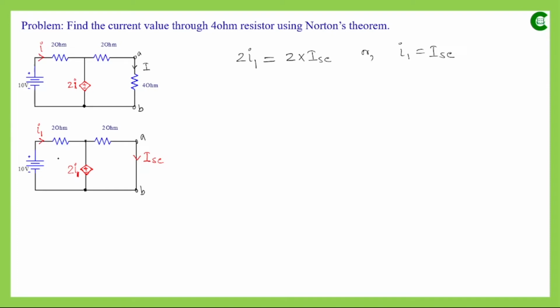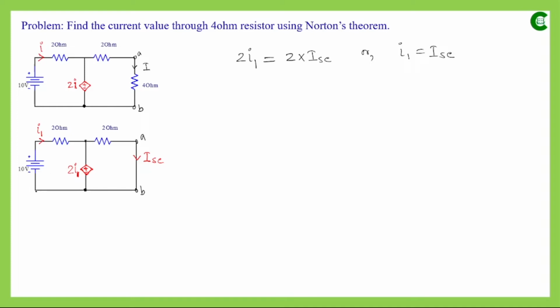Now if we look at the left part of this circuit, we can see that these three components, this independent voltage source, this resistor, and this dependent voltage source, form a loop or complete path. So we can simply apply KVL in this loop or mesh and find the value of I1.